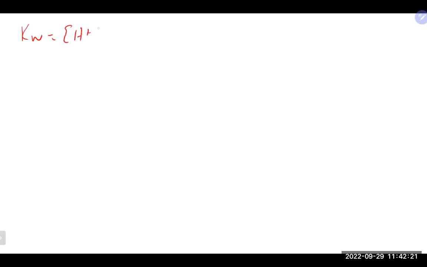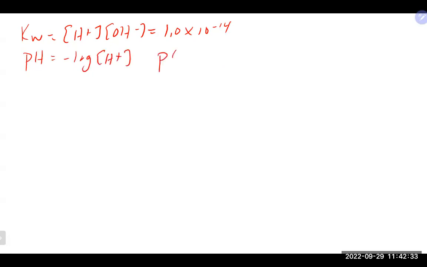We have our H plus and our OH minus from our Kw, which is 1 times 10 to the minus 14. We also have our pH is minus the log of the H plus concentration. And a similar calculation that measures OH minus is our pOH, minus the log of the OH minus concentration. And again, these two together will equal 14.